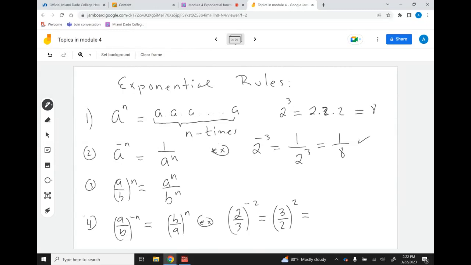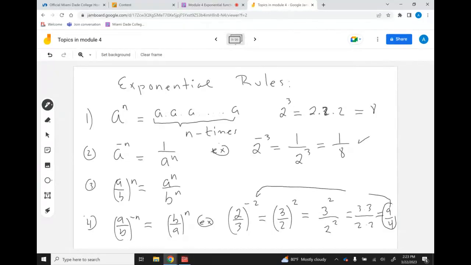And then you can apply number 3, and this will be 3 to the second power over 2 to the second power. And so that gives you 3 times 3 over 2 times 2, which is 9/4. So notice that 9/4 could be written as 2/3 to the negative 2.